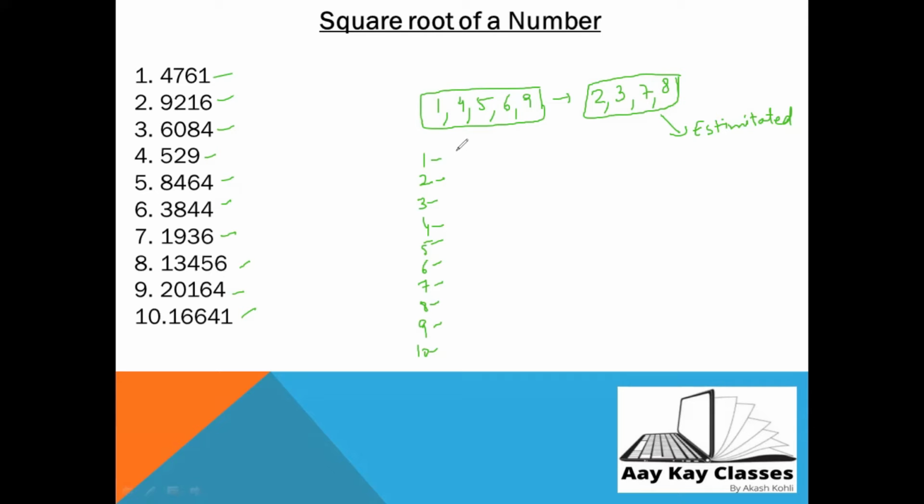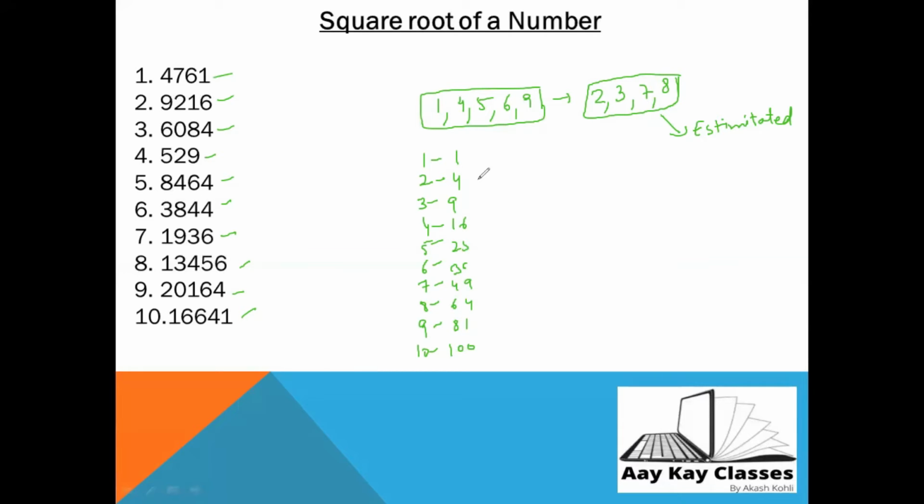The squares are: 1 square is 1, 2 square is 4, 3 square is 9, 4 square is 16, 5 square is 25, 6 square is 36, 7 square is 49, 8 square is 64, 9 square is 81, and 10 square is 100.